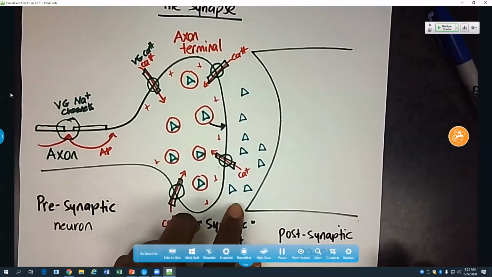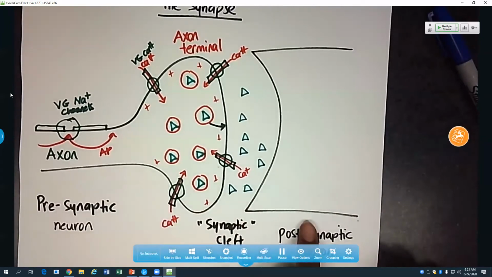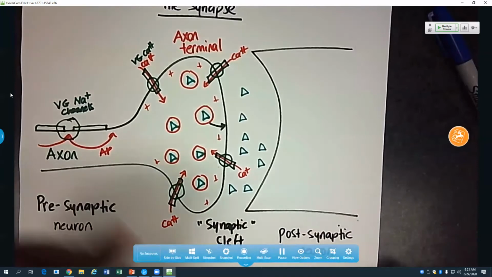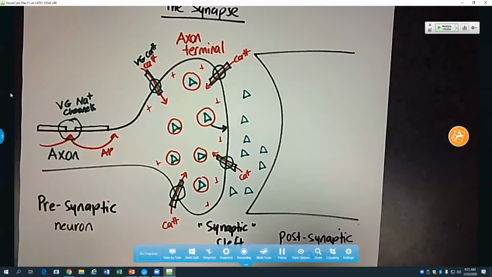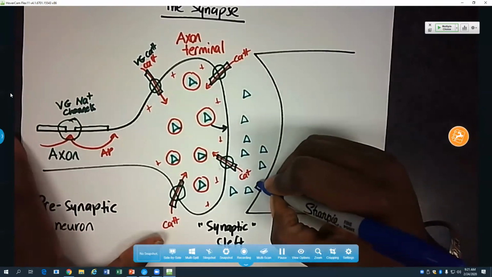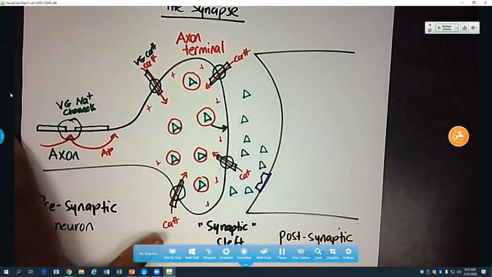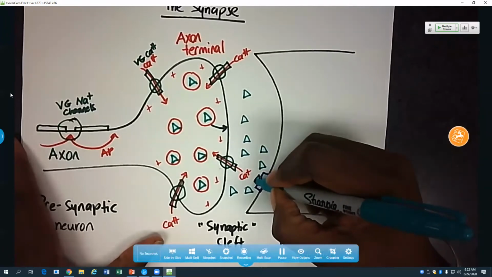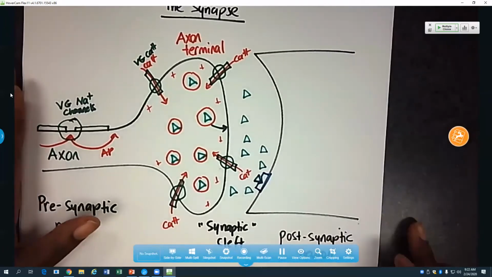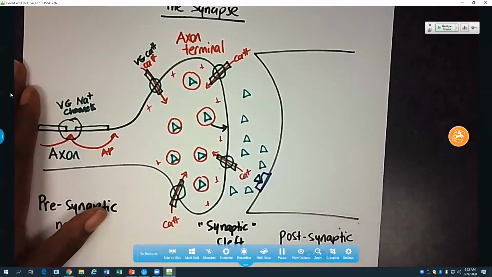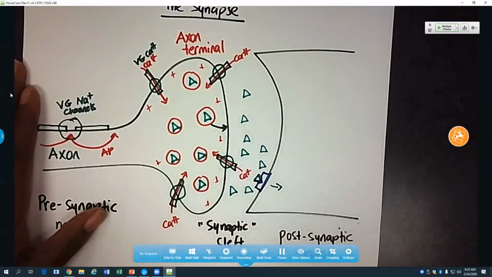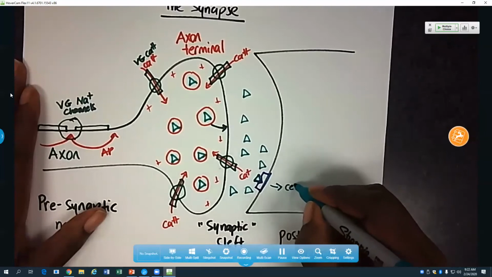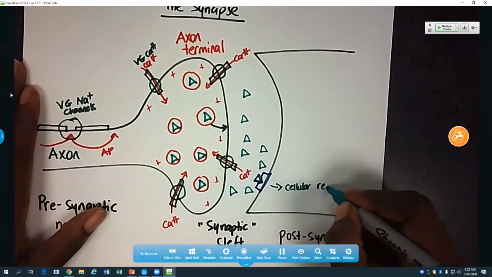Now, there's a very specific receptor that's located on our response cell, on our postsynaptic neuron. And so that receptor, let's draw a receptor here, is going to specifically bind our neurotransmitter. Okay. Now we'll talk about some different options for this receptor in terms of bringing about a response, but binding of the neurotransmitter to this receptor is what brings about a cellular response.